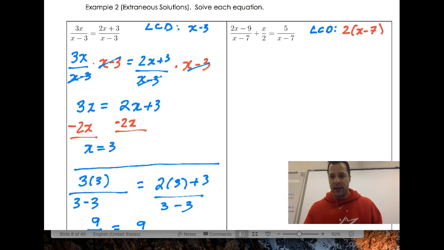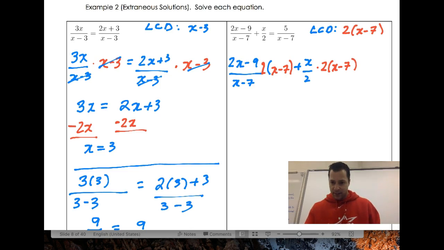So we have 2x, and we're going to multiply that by 2 times x minus 7, plus x over 2 times 2 times x minus 7.